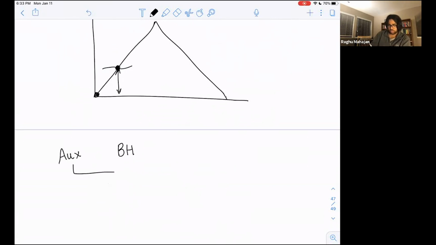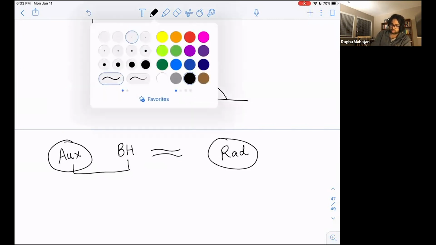So let's say these two are in a pure state. This auxiliary system might be the CMB or something, or maybe some other black hole, or some planet or some star, could be anything. But the combined auxiliary system and black hole is in some pure state. And now the black hole starts to emit some radiation. So what I'm saying is we should take the auxiliary plus radiation as the blue system.